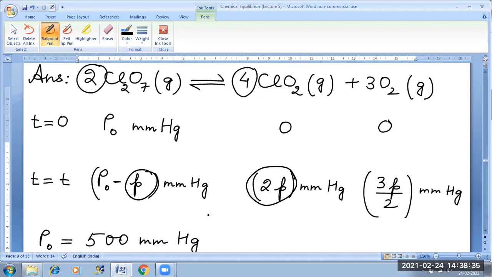So 2p is 2 times p. Similarly, this 3 is the coefficient of O2 and 2 is the coefficient of Cl2O7. So 2:3 is the ratio. So this small p and this should also be in the ratio of 2:3.